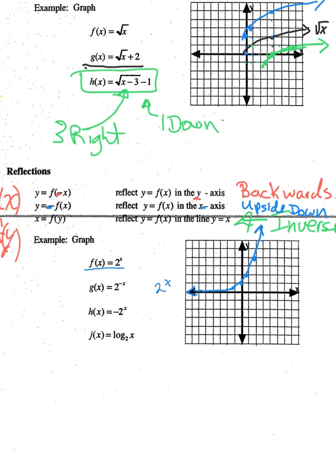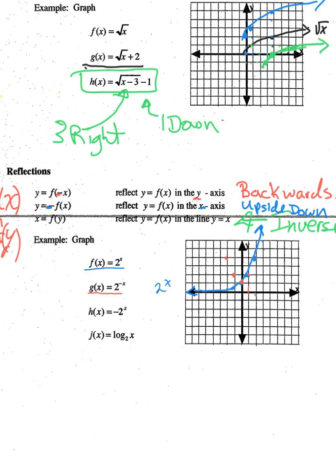Okay, if I graph 2 to the minus x, I'm changing the sign on the x. I'm reflecting it over the y-axis. It's going to look backwards. So let me just choose a different color here. If I have 2 to the minus x, then it's going to look backwards. So anything on the y-axis will stay on the y-axis. The point x is 1, y is 2 will flip over to the other side. The point x is 2, y is 4 will flip over to the other side.